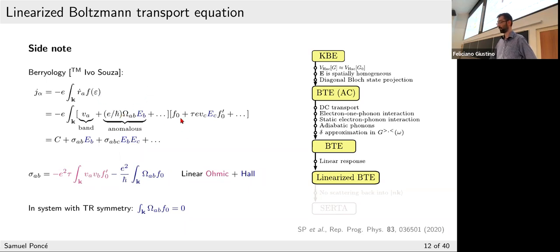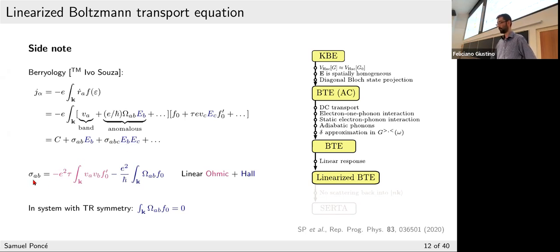Then you can do a Taylor expansion of this term, you get the Fermi-Dirac plus other terms, and they're expanded in terms of the electric field. And when you do all this multiplication, you get a constant term, which by definition is the conductivity, the proportionality constant between the current density and the field that you're applying. And then you have higher order conductivity terms with respect to the field.